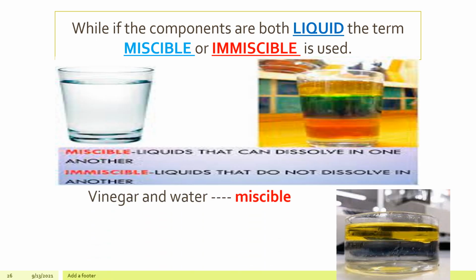Vinegar and water is miscible. Why? Because vinegar and water dissolve in one another. How about oil and water? No, it didn't. Because oil and water do not dissolve in one another.